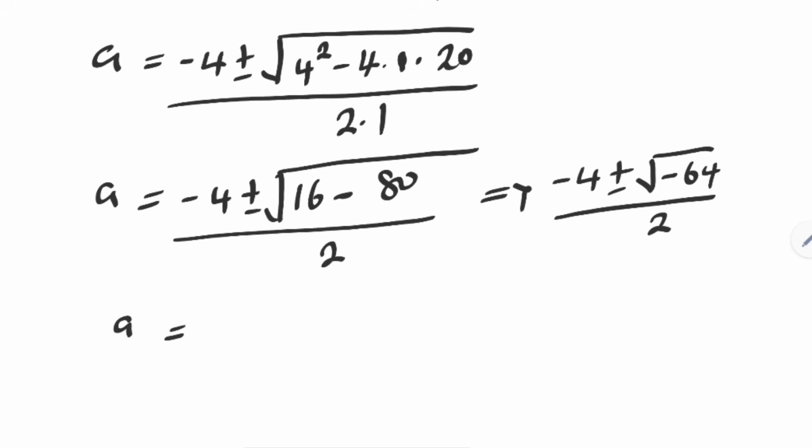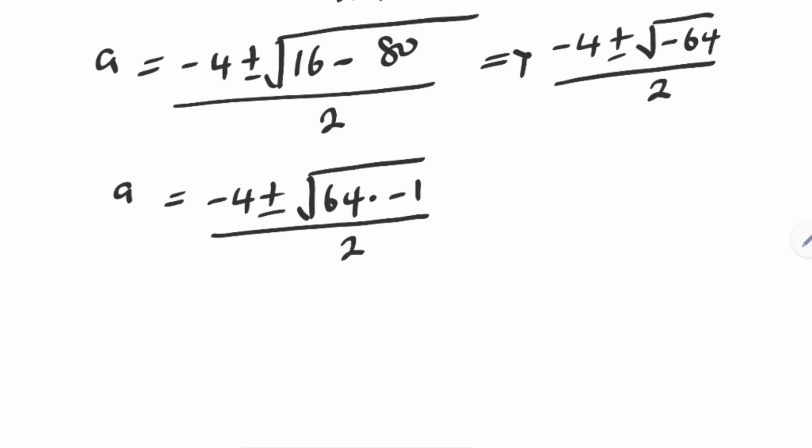a is equal to minus 4 plus or minus square root of minus 64, which can be written as square root of 64 multiplied by minus 1, over 2. a is equal to minus 4 plus or minus square root of 64, which is 8, square root of minus 1 is i, over 2.